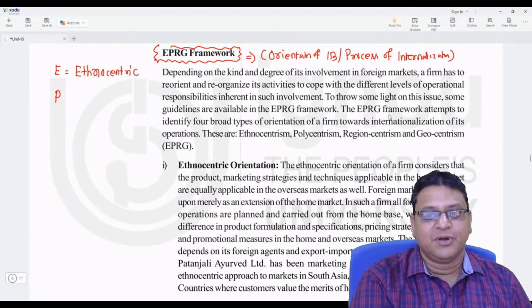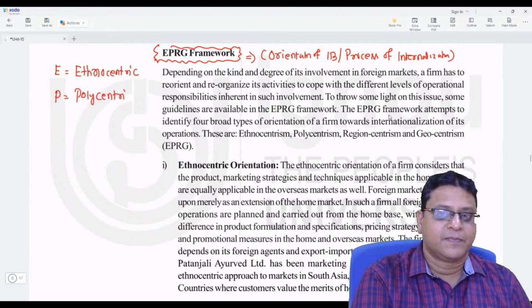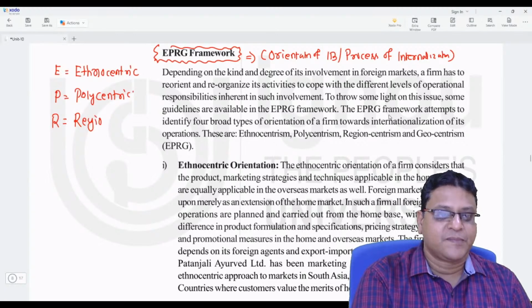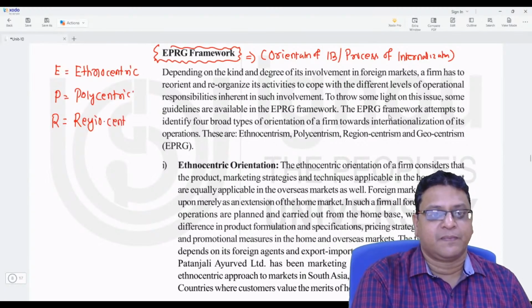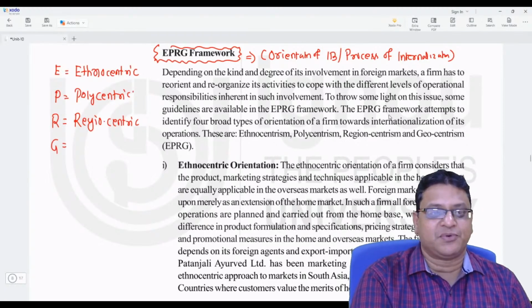P stands for polycentric. R stands for regiocentric approach and G stands for geocentric approach.